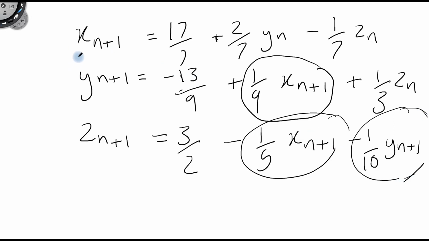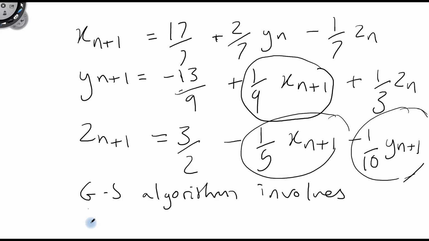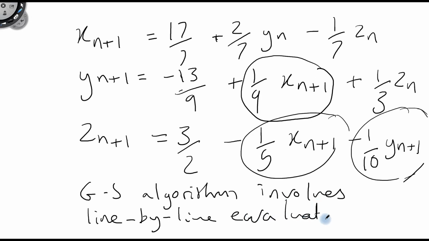And when we evaluate, the GS algorithm involves line by line evaluation, like above, not the approach from the example with Jacobi. With the Jacobi method, you do C minus B times X at each stage.